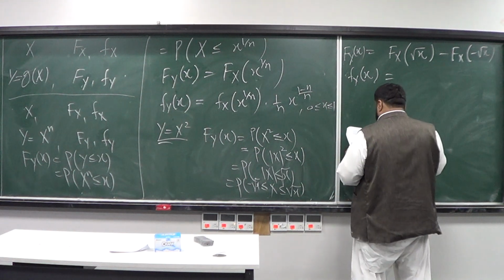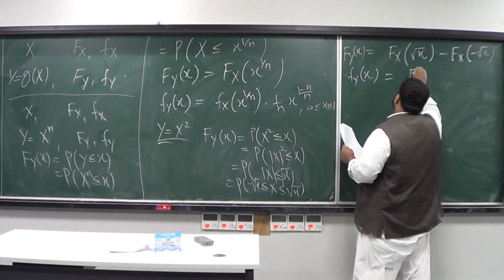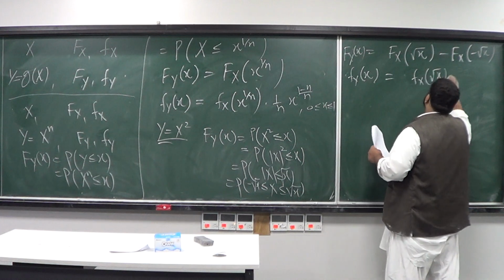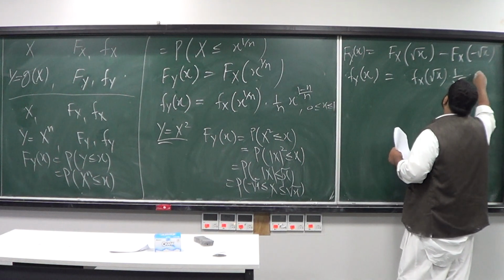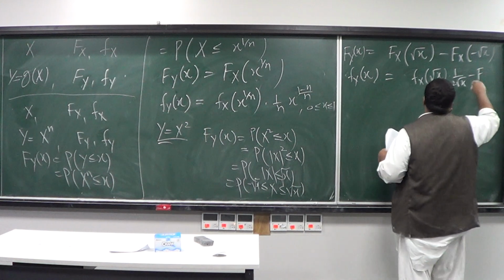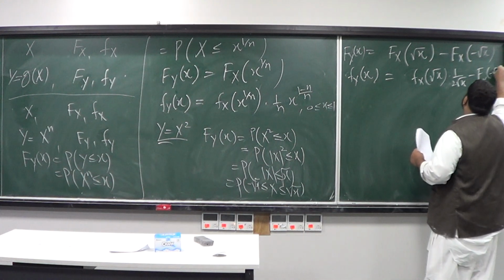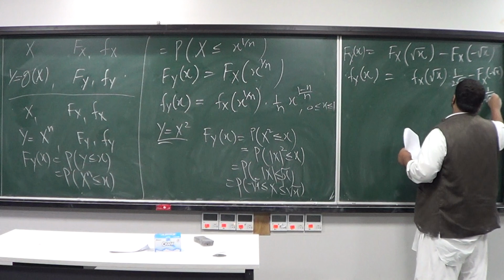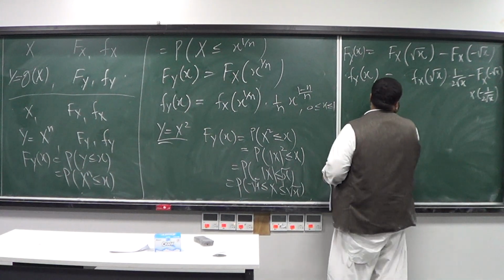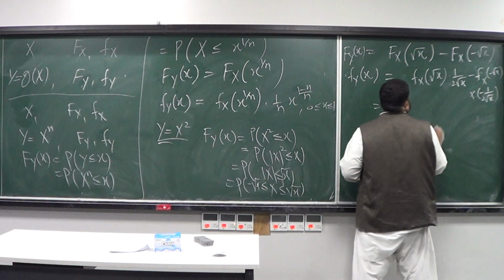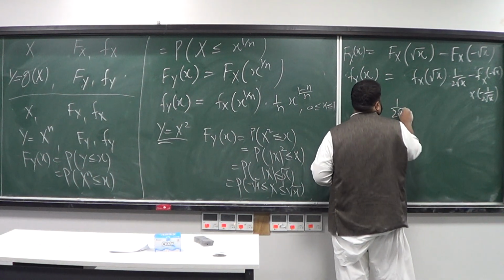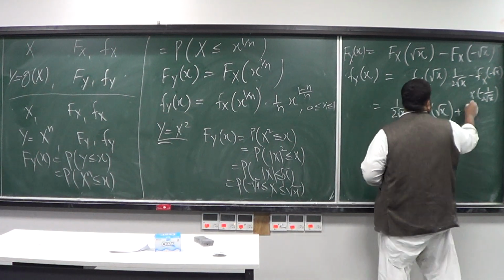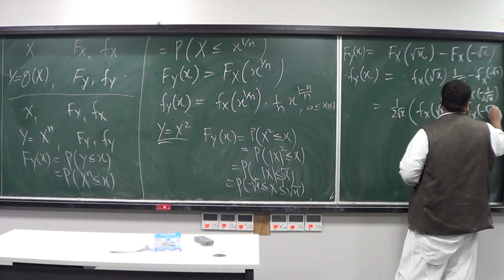If you differentiate it, you're going to get f_X evaluated at square root of x times 1 over 2 square root of x, minus f_X evaluated at minus square root of x times minus 1 over 2 square root of x. Okay, so this is what you're going to get, and hence you can simplify it to be 1 over 2 square root of x times f_X of square root of x plus f_X of minus square root of x.